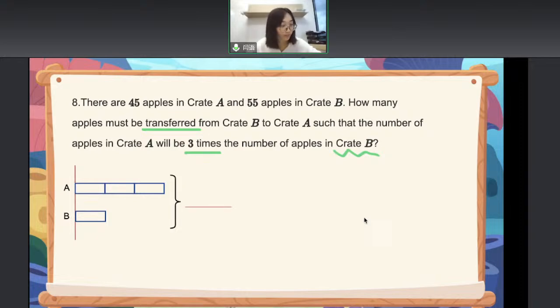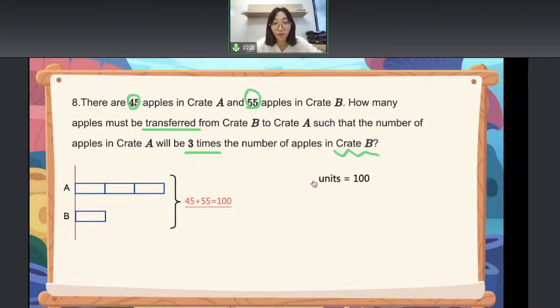Can you find the sum? Yes. Where can we get a sum? Good job. From the first sentence, which is 45 plus 55. 45 plus 55 equals to? Yes, equals to 100.